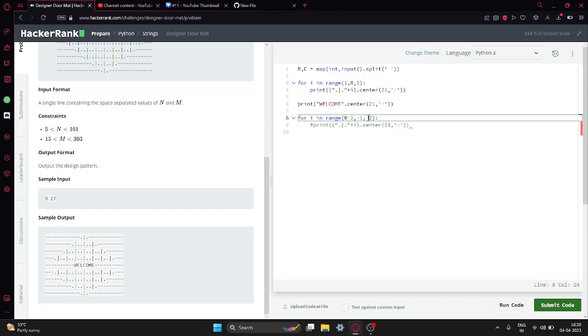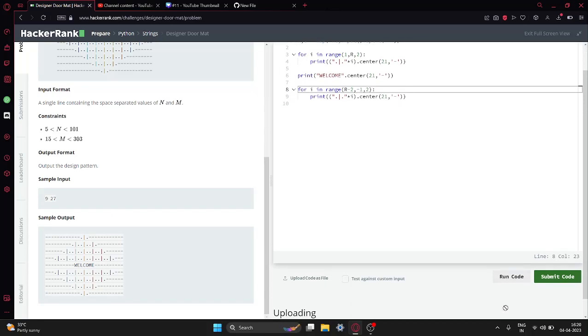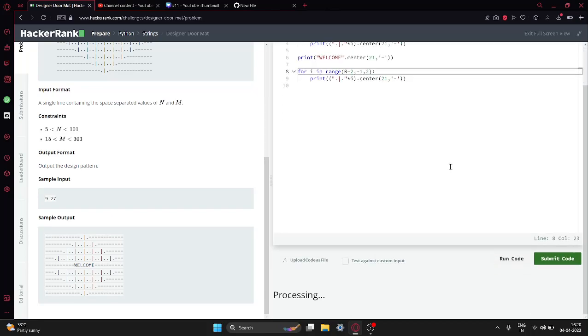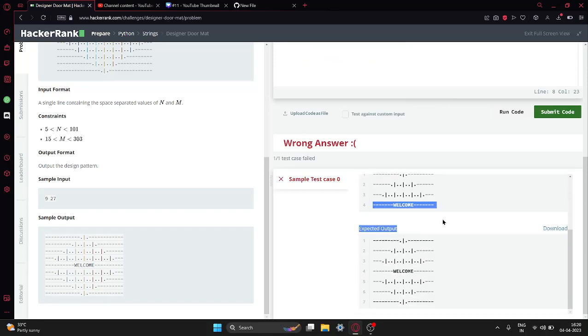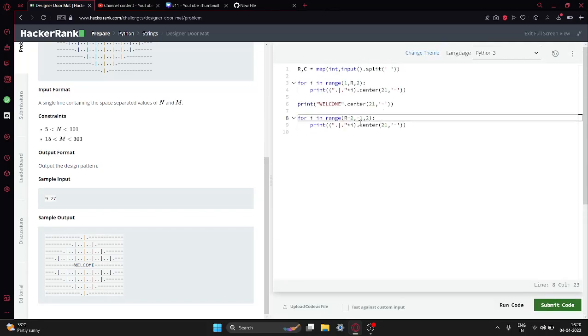To make it decrease we are keeping it minus. I'll show you what happens when we don't keep minus and just keep plus 2. It does not print, because the condition is already satisfied. Stepping by 2 moves it the wrong way, so we should keep it as minus 2.